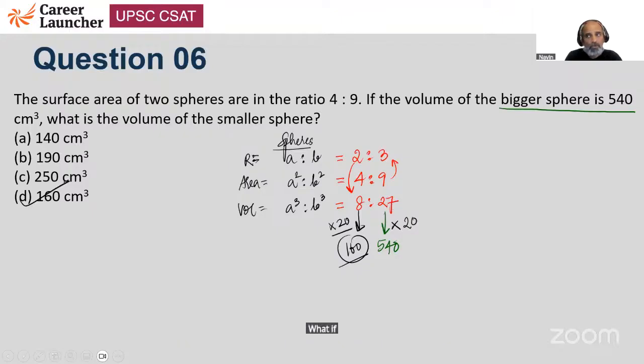What if it was two cones with the same ratio of base and height? Still the same. Two cylinders with the same ratio of base radius and height, still the same. Right? Not weird, interesting, and good to know. Right? Correct, Prince. 160.